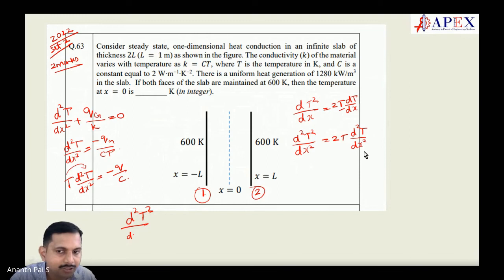How will you differentiate this? T is a dependent variable depending on x. T is a function of x alone. Correct.